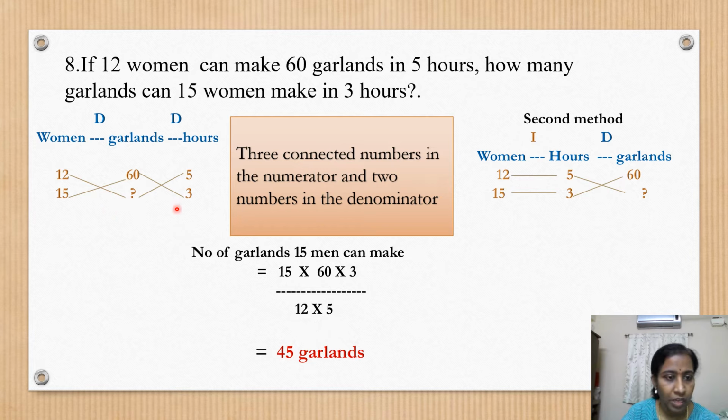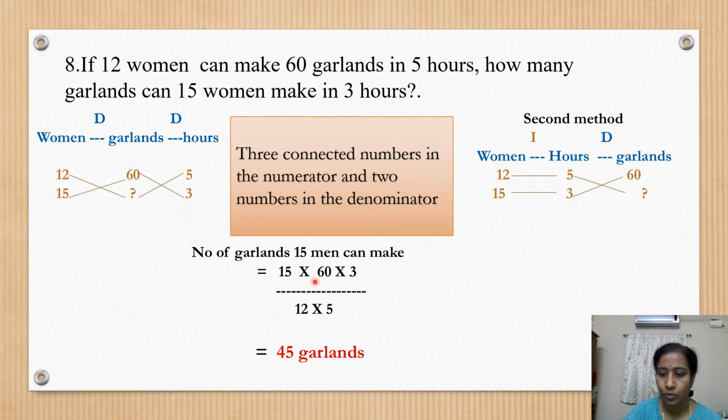In the previous problems, you were looking out for two connected numbers. But here you have to look out for three connected numbers. So where are the three connected numbers? 15, 60 and 3. And these three connected numbers will come in the numerator. 12 and 15 will not be connected numbers because in between you have a question mark. So out of three, one is missing.